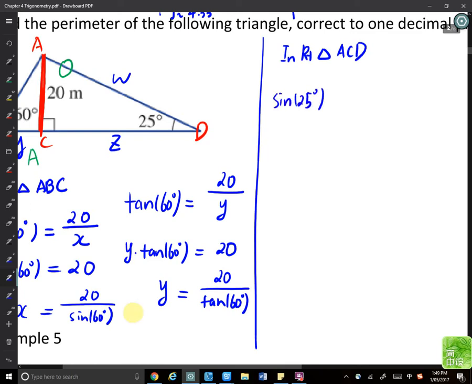Sine 25 degrees is opposite, which is 20, over hypotenuse, which is w. So 20 over w. So w sine 25 degrees equals 20. w equals 20 over sine 25.